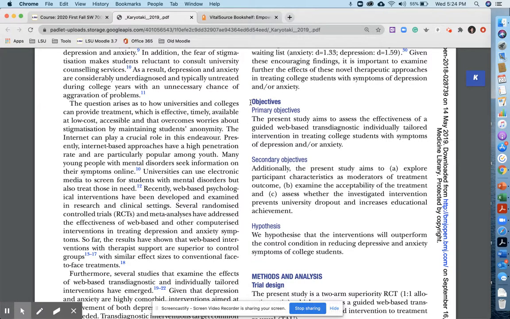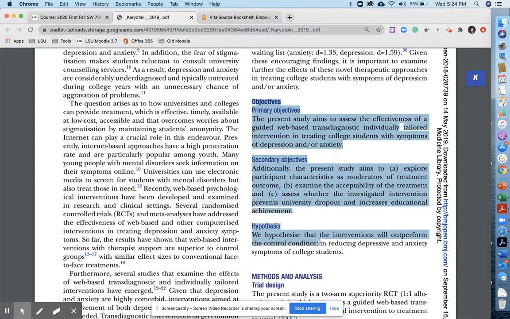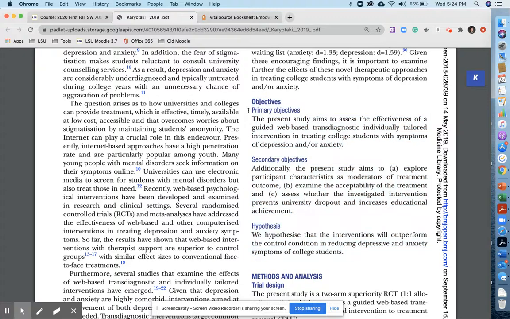The authors spell it out very nicely for us in this objectives section, where they talk about the primary objectives, which are depression and anxiety. So they want to test the effectiveness of this new web-based intervention on depression and anxiety. They also have secondary objectives.